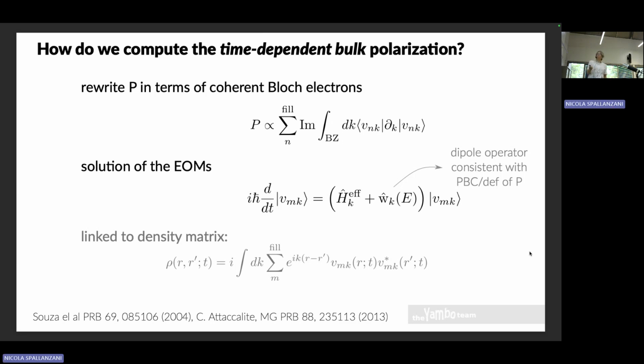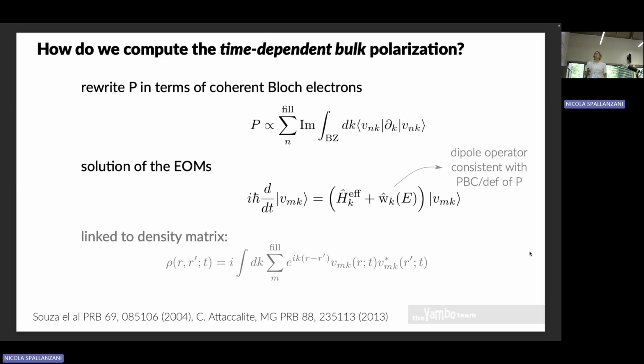Before that, also to notice, yesterday we were introduced to real time within the density matrix formalism. These coherent Bloch electrons that are the solution of this equation are linked to the density matrix, so at each time t they will give you the density matrix.